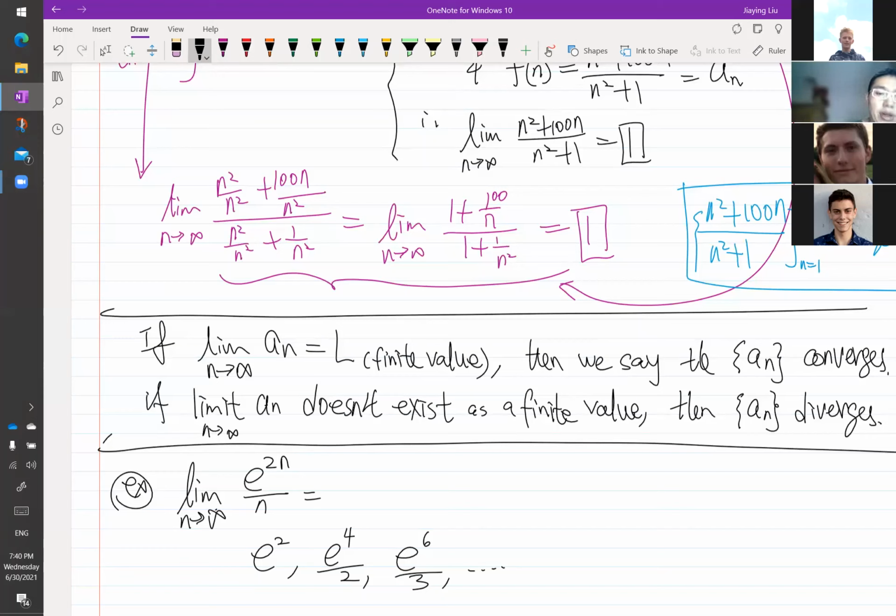So what I'm going to do is turn it into the continuous function, limit as x goes to infinity. I'm going to erase this sequence because we don't need it. So limit as x goes to infinity of e to the 2x over x.